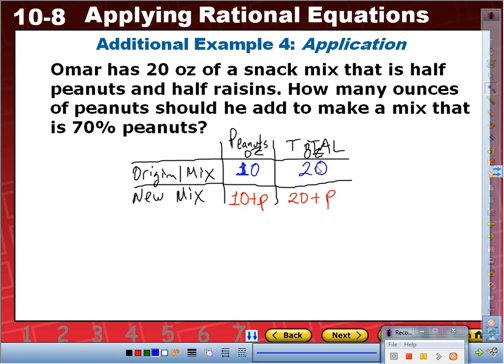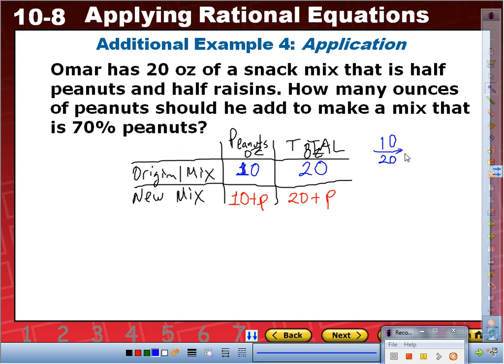We know that if I take this, check this out, 10 over 20. And it says here that the peanuts are half of the mixture. What is half in percentage? 50%.